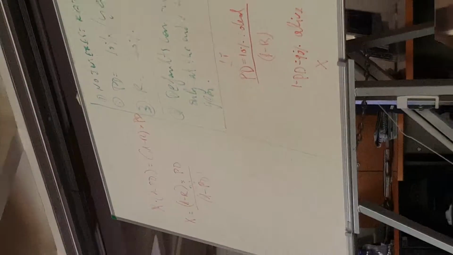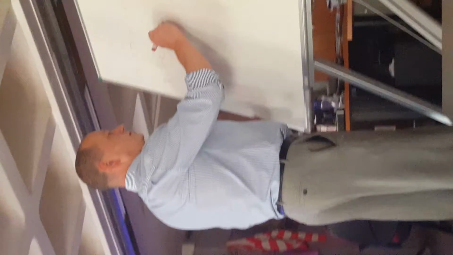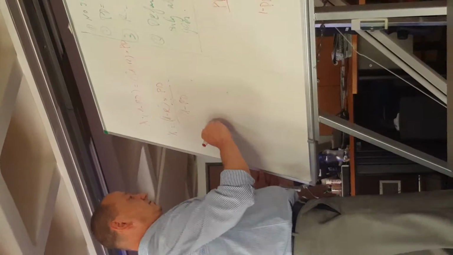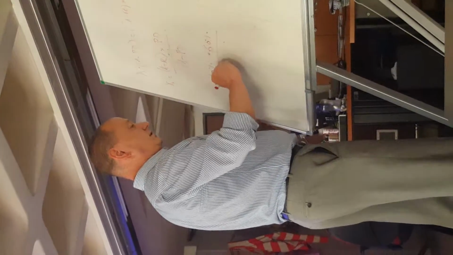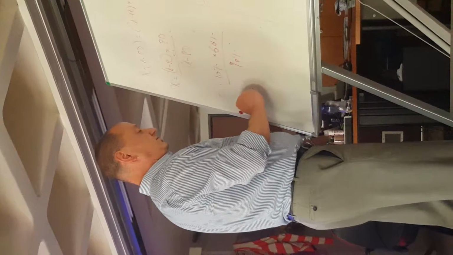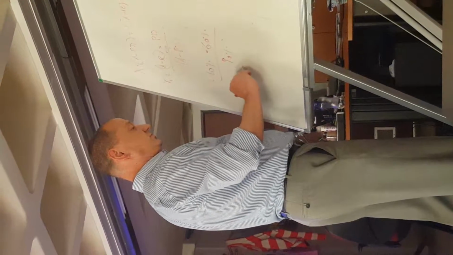In this case, it is 10% times 60% over 90%, which is about, I think, 6.6%. Now you see where I'm driving at, and this just came out of the discussion we had earlier.